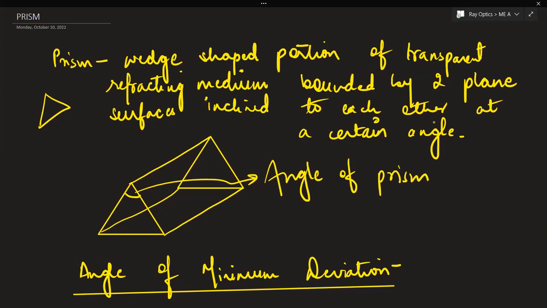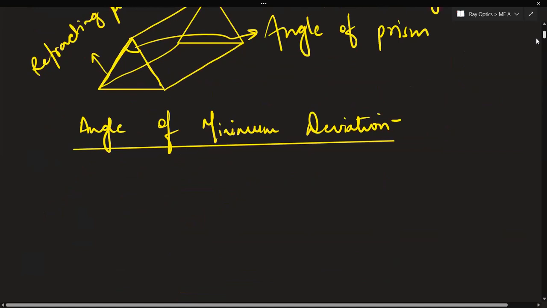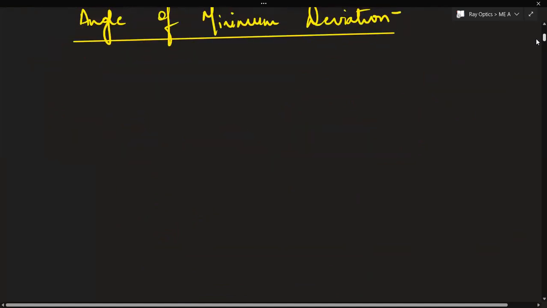Now, these parts that you observe, these basically rectangular parts, are the refracting parts. From here the light rays will enter, from the other one it will get deviated and refracted. Now, when the rays come, there will be a certain point where deviation will occur.